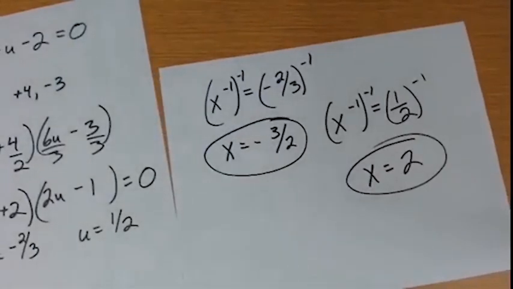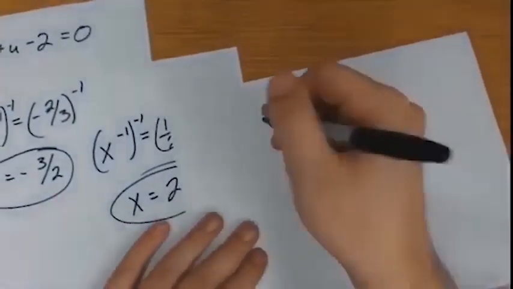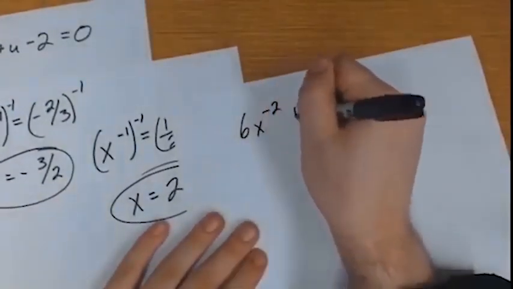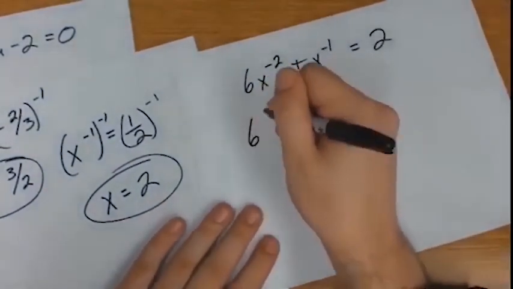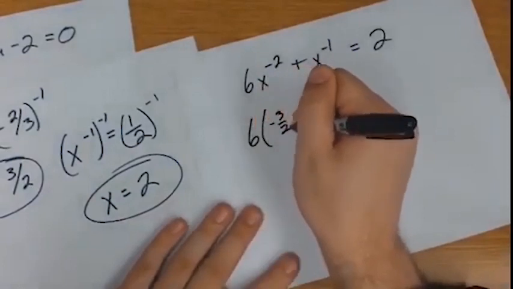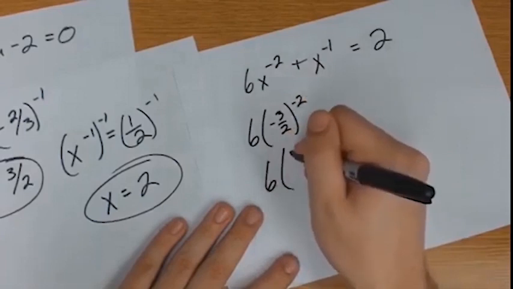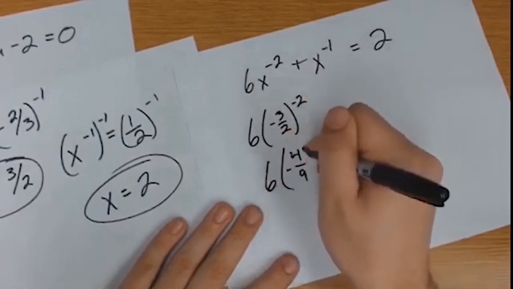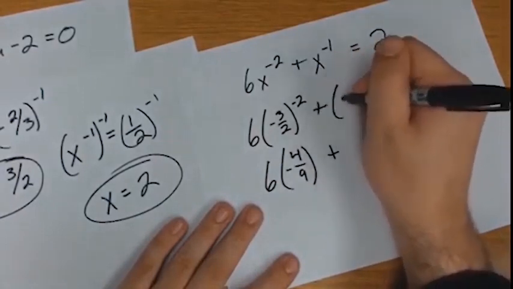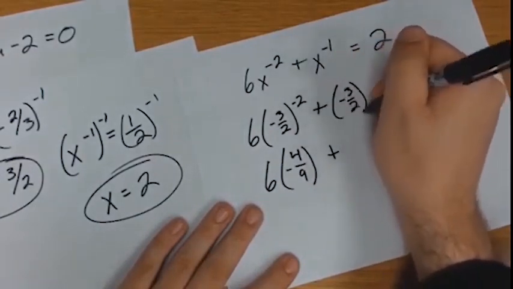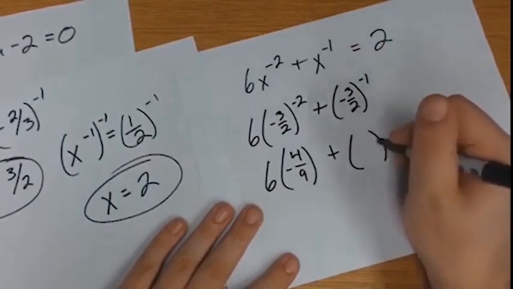And if we check in the original, 6x to the -2 plus x to the -1 equals 2. If we plug in -3/2, we're going to square and flip. Plus -3/2 to the -1.